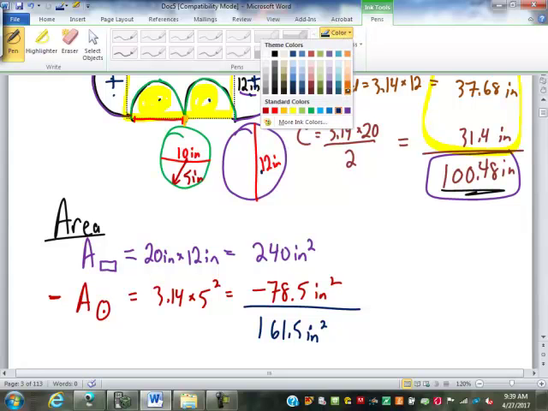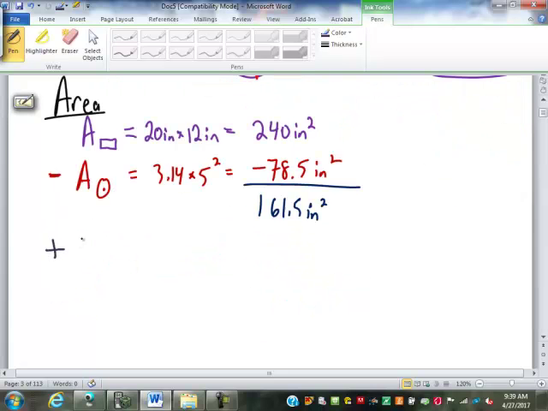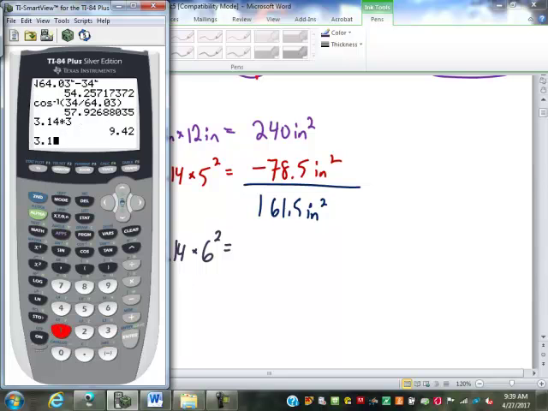So we need to know from that it has a radius of what? 6. So the area of that circle, we're going to add that one, is 3.14 times 6 squared. Oops, try that again.